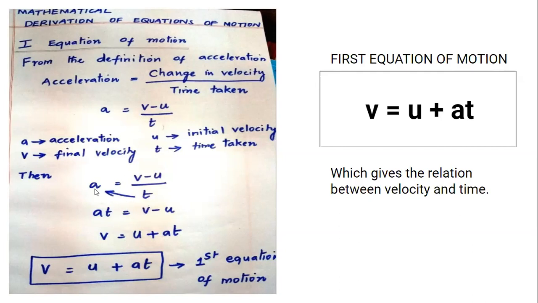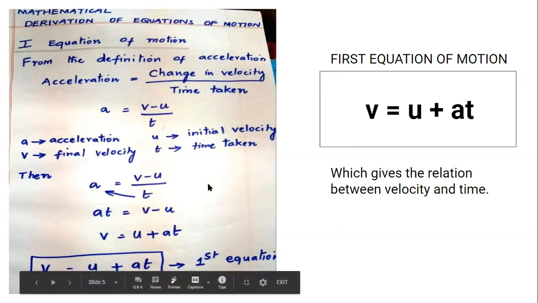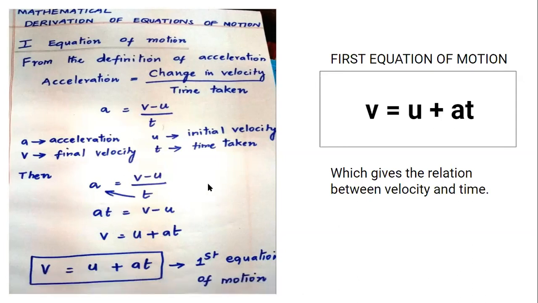So t goes over there. So a into t, which is equal to v minus u. So I'm just taking this u to the left hand side, and here you can see v is equal to u plus at, which gives you the first equation of motion. And actually this is the relation between the velocity and time.